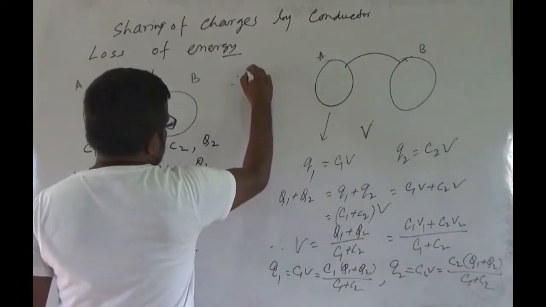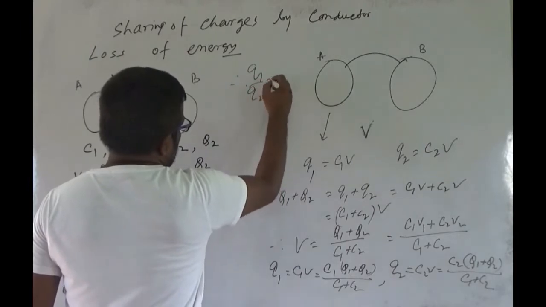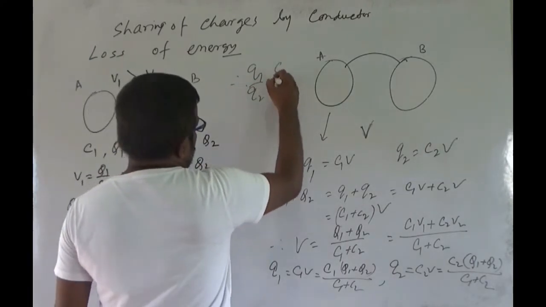That means Q1 by Q2 is equal to C1 by C2.